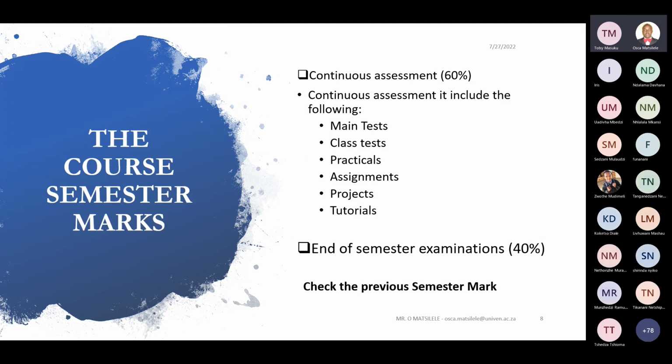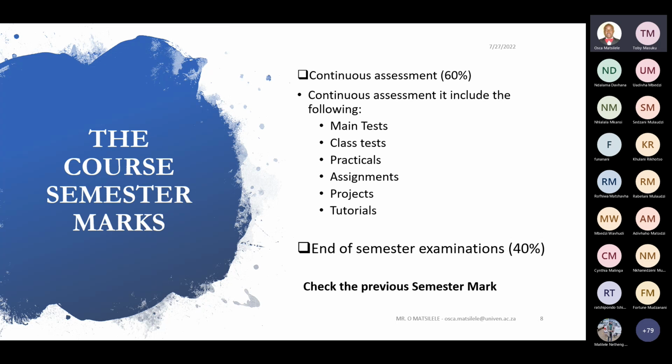So this is the continuous assessment, 60%, as we have seen during the first semester. We have main tests, class tests, practicals, assignment, project, and some tutorials. All these 60%, you will get after completing all these.